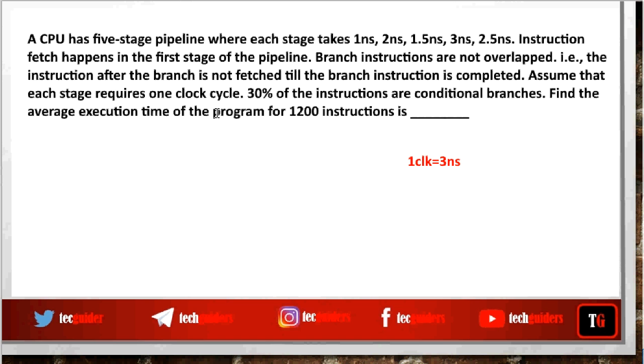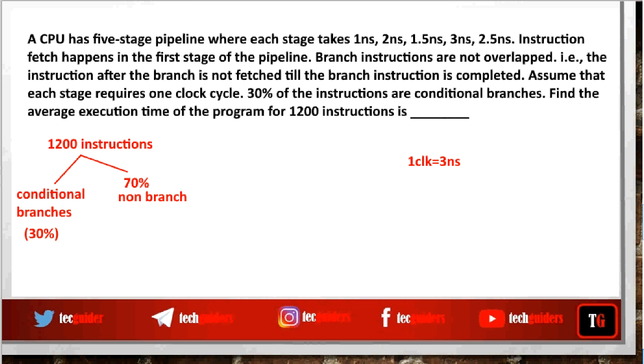Now we need to find out the execution time of the program for 1200 instructions. There are 1200 instructions. Among them, 30% are conditional branches. It means the remaining 70% are non-branch instructions. 30% of 1200 instructions means 360 instructions are branches, and all branches are conditional branches.